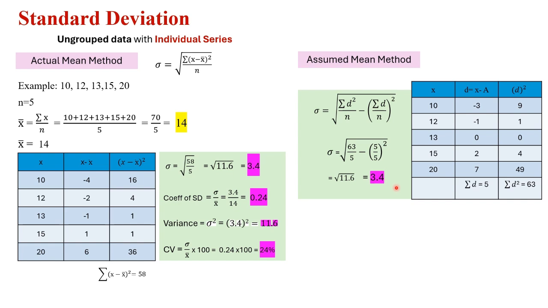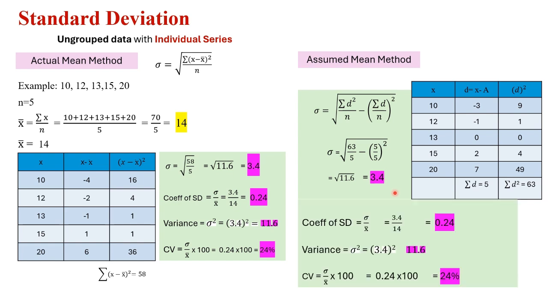For coefficient of standard deviation, it is sigma by x bar. Sigma here is 3.4 and x bar, sigma x by n, is 14. Solving we get 0.24. Variance is square of sigma, that is square of 3.4, 11.6. Coefficient of variance is sigma by x bar times 100, 0.24 times 100 is 24%.